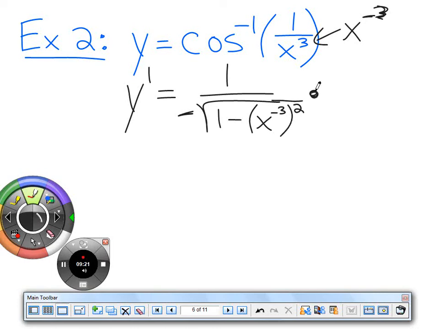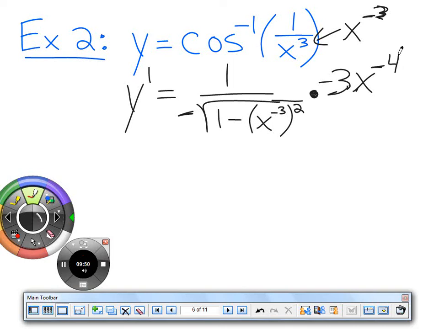And then we still have to multiply by the derivative of the inside. The derivative of the inside uses the power rule, so we bring the negative 3 out in front, then we write x, and then we reduce the exponent by 1, so that becomes negative 4.